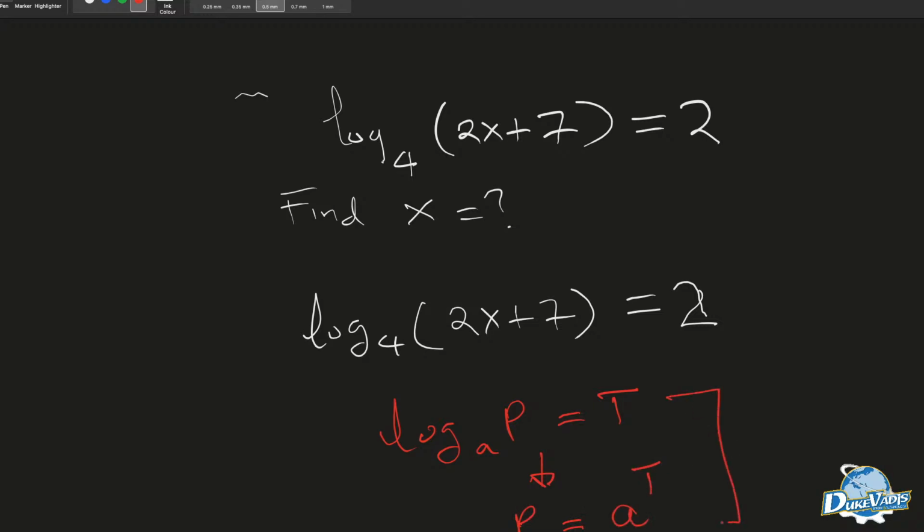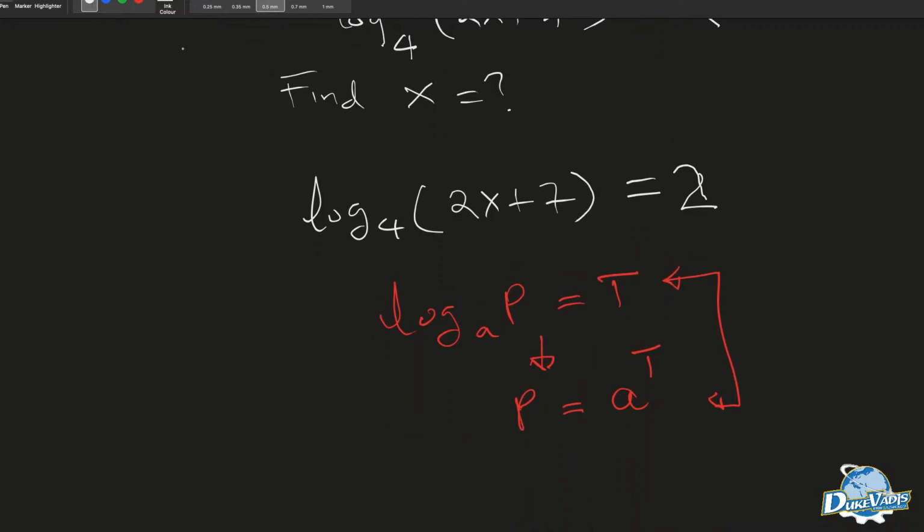This is one of the properties we learned earlier. So we are going to apply the same to our question.